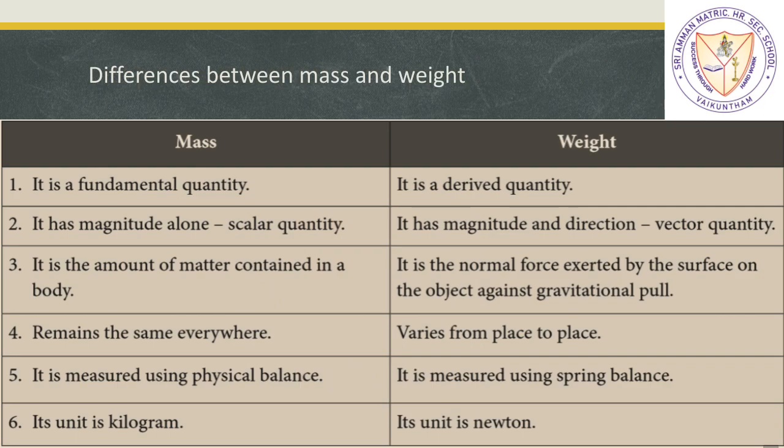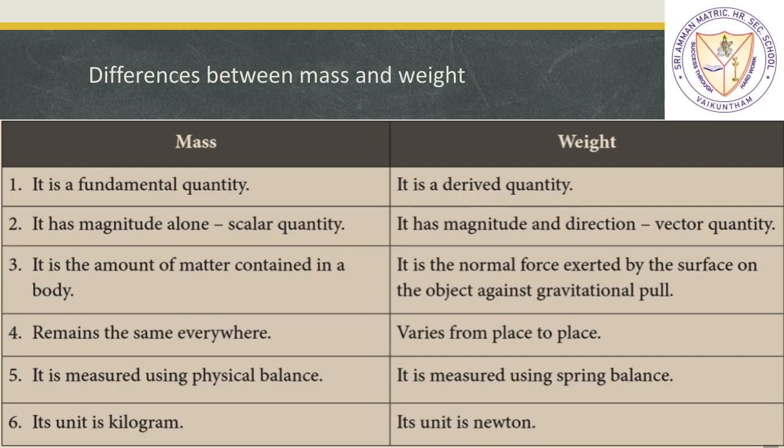In the case of weight, it is not the amount of matter present in a body, it is the normal force exerted by the surface of the object against the gravitational pull, right? So it is just a gravitational pull on an object.